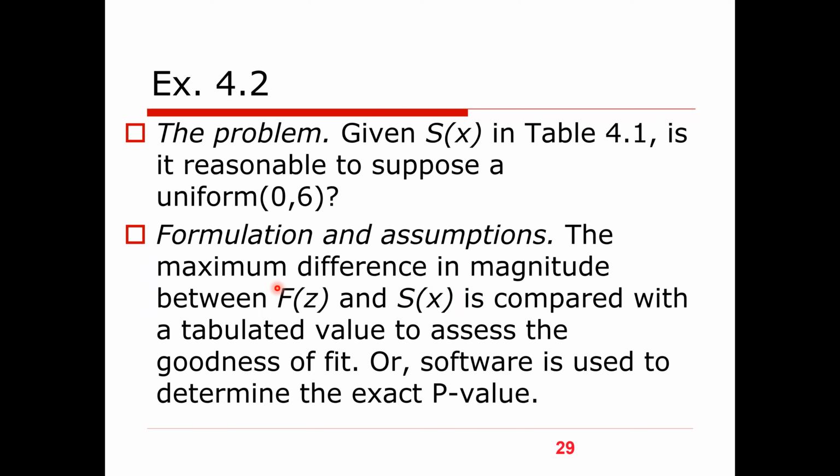But this Fz is actually a continuous smooth line. So that's the difference. Okay, Fz is the CDF of the distribution that we hypothesized. Then we compare Fz and Sx with a tabulated value to assess the goodness of the fit. We can also use computer software to calculate the exact p-value of this fit.